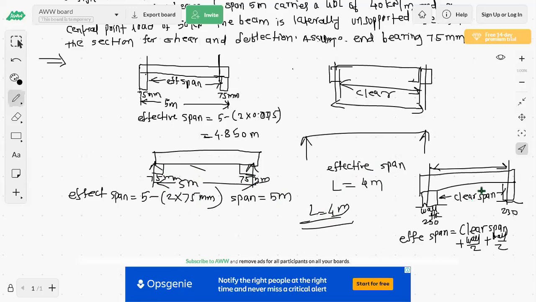Third, if the clear span of 4 meter is given and wall thickness of 230 mm, then we add half the wall thickness on each side: 4 plus 230 by 2 plus 230 by 2. This is the effective span. So in the examination we calculate the effective span, and if it is given we take it as it is. If not, these two conditions will be there. Are you getting now?